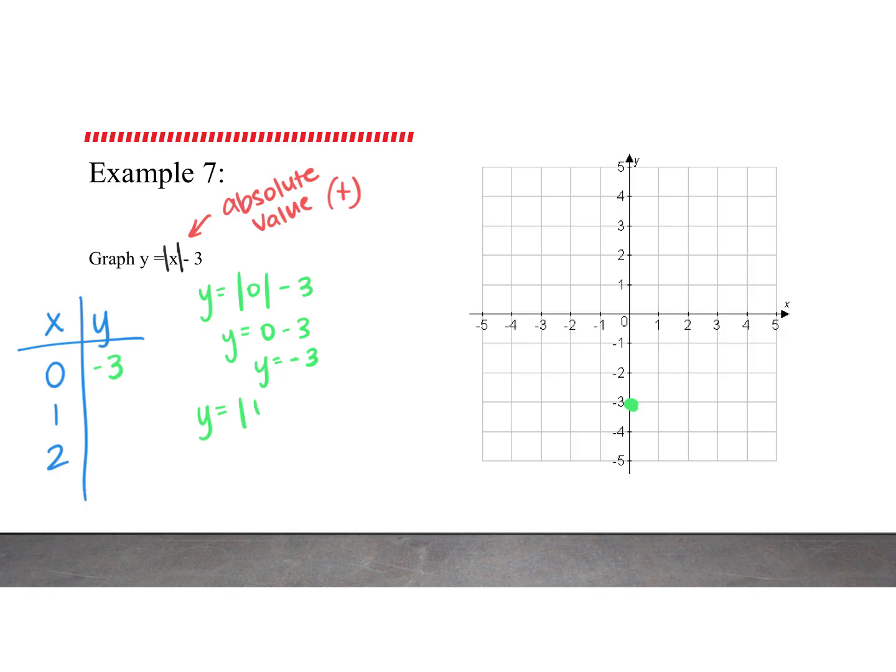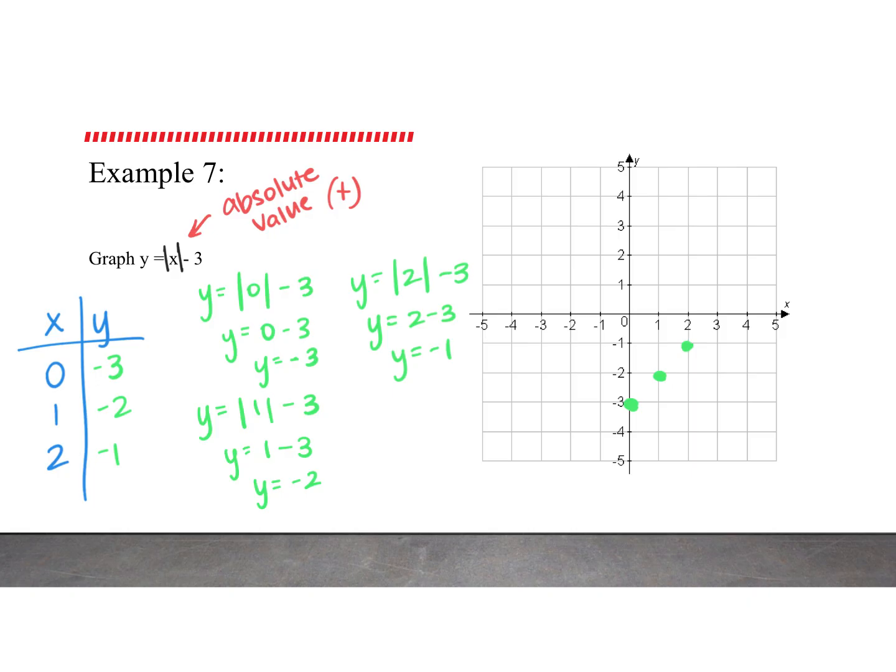When we plug in a +1, the distance between 0 and 1 is just 1. We can subtract the 3 and we get y is equal to -2. When we plug in a +2 into absolute value, the distance from 0 is 2. So we result with a y coordinate of -1.